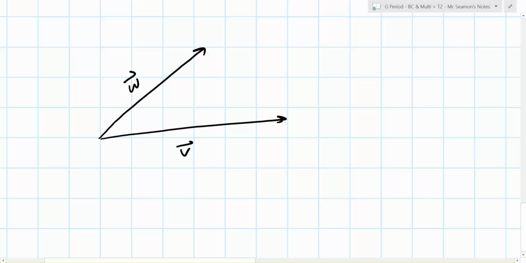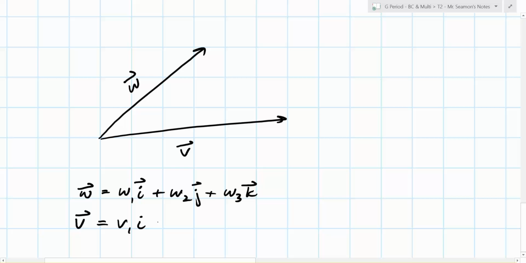Let's call W, just to give it components, something that looks like this, and I'll put in the little hats in a second, plus W3 k. And V is any other vector, I'm just labeling it with this convention, V3 k. So these are any two vectors in 3 space. You with me so far?